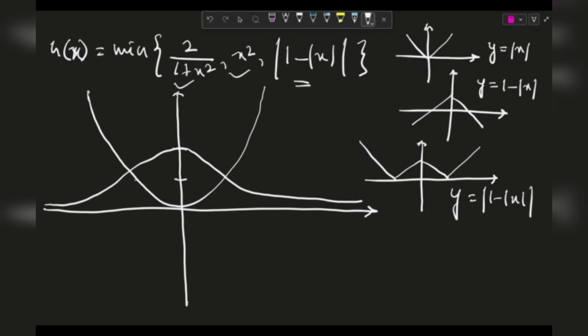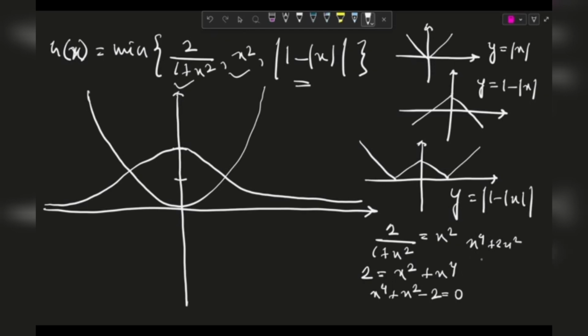Okay, and if you guys observe this intersection point, I will find it out just for your reference. This is 2 by 1 plus x square equal to x square, right? So 2 equal to x square plus x power 4, and x power 4 plus x square minus 2 equal to 0. So x power 4 plus 2x square minus x square minus 2 is 0.